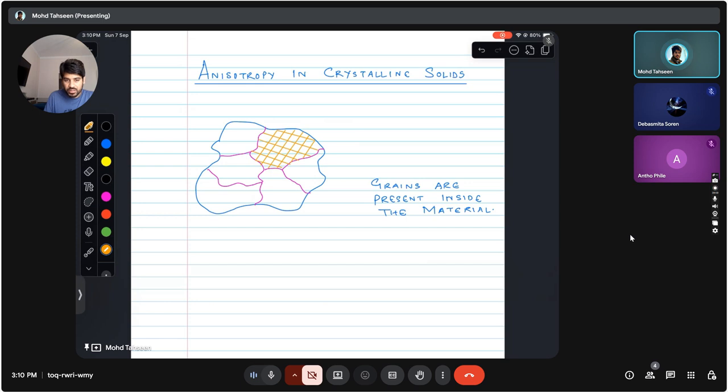But if we look at a different, neighboring grain, the same structure gets reoriented. For example, in this grain, the structure could be something like this.